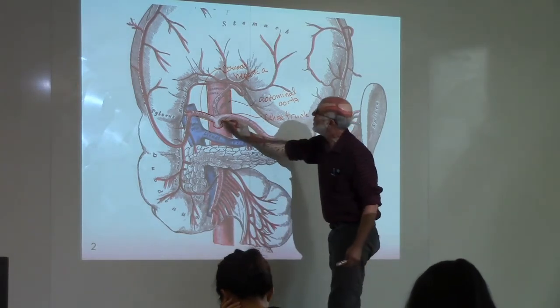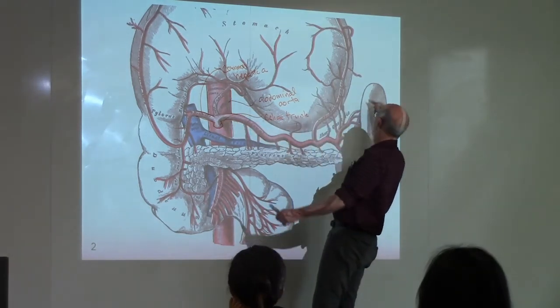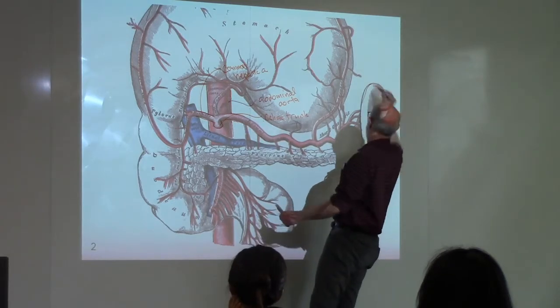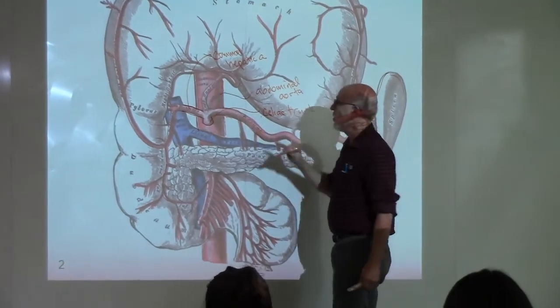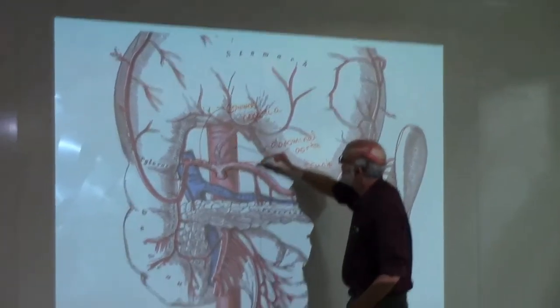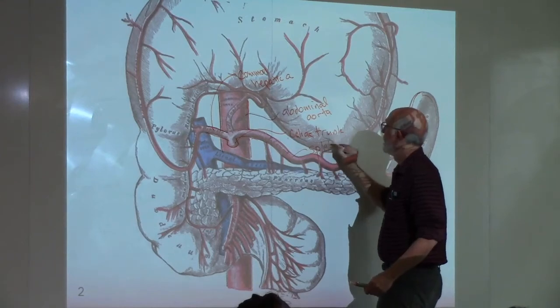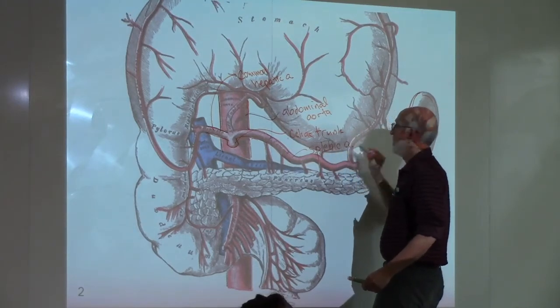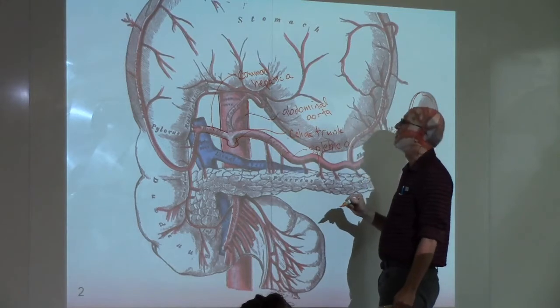What is this one going off to the left, going all the way out to this thing out here? In the olden days it was called the renal. This is the splenic artery now. Renal is an old-fashioned name.